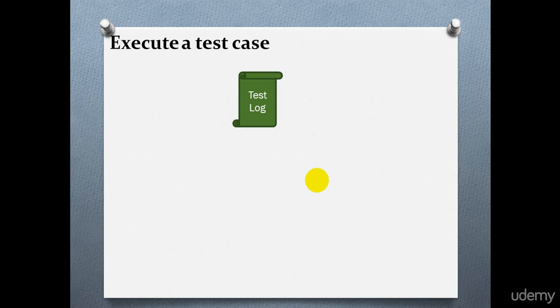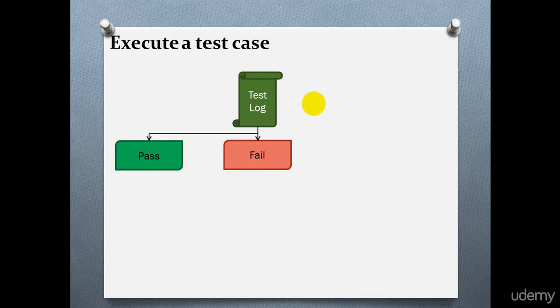In addition, a test log specifies the status of a test case execution, which is pass, fail, and blocked. When the actual results match the expected results, the test case is said to have passed.